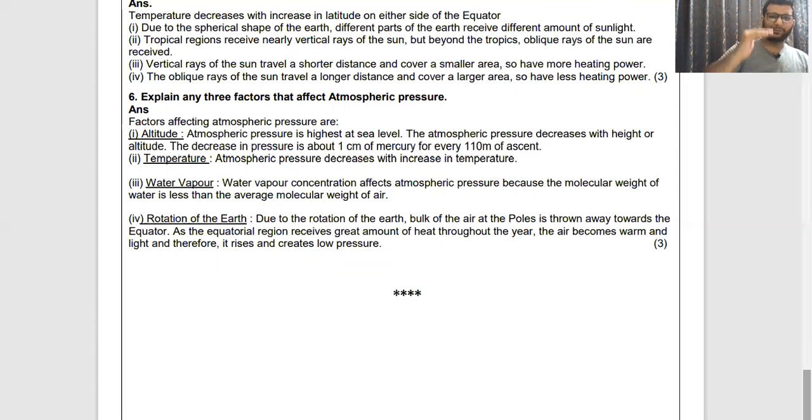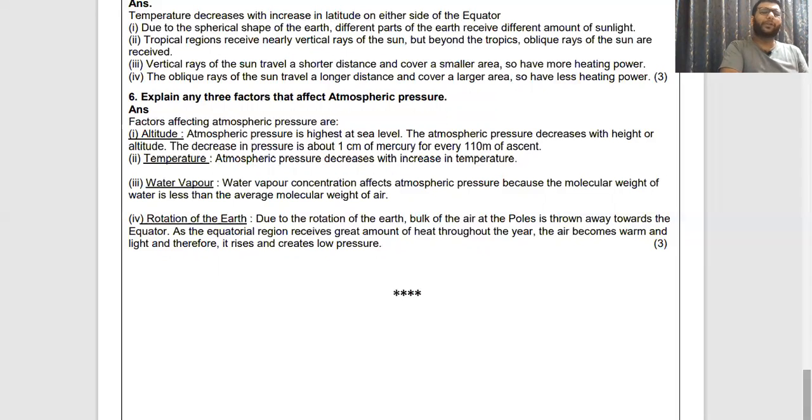Nevertheless, the second point is temperature. Atmospheric pressure decreases with increase in temperature. The higher the temperature, the lower the atmospheric pressure, in simple words. Water vapor. The water vapor concentration affects the atmospheric pressure because the molecular weight of the water is comparatively less than the average molecular weight of the air.